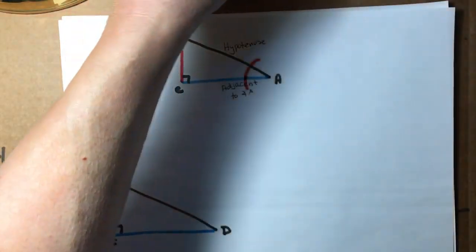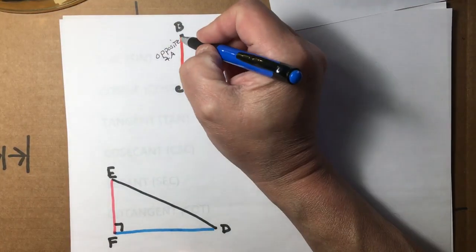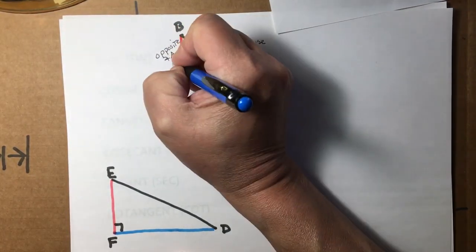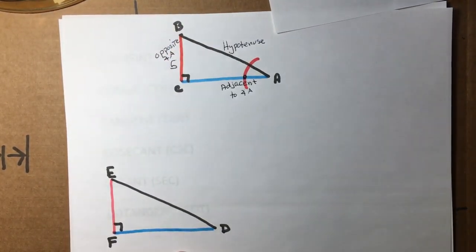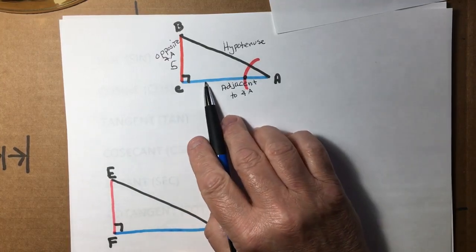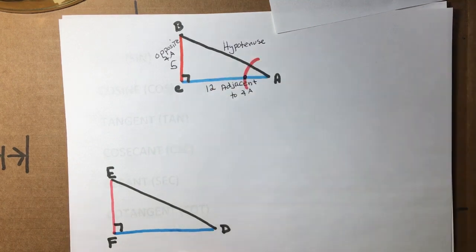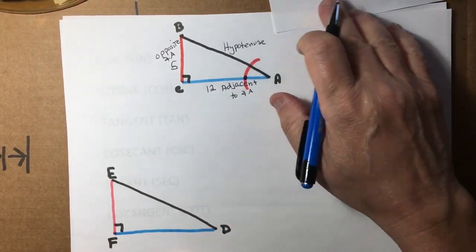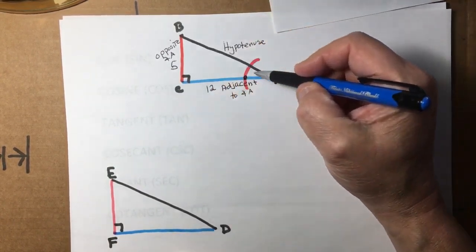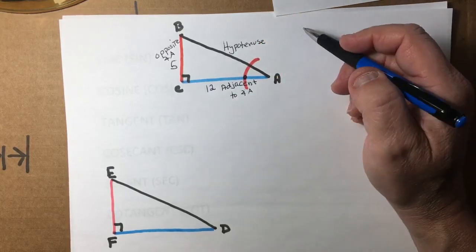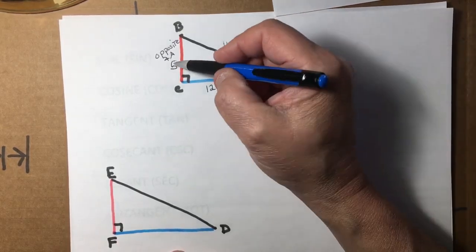Let's say we measured this side of the triangle with a ruler and it turned out to be 5 inches. And then we measured this side of the triangle, and it turned out to be 12 inches. Then we lost our ruler, okay? So we had to figure out the hypotenuse indirectly, meaning without a ruler, using mathematics.